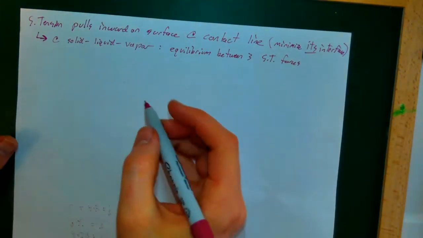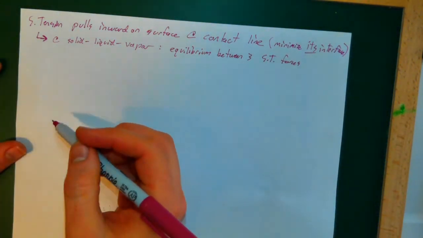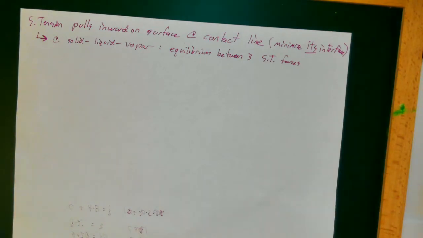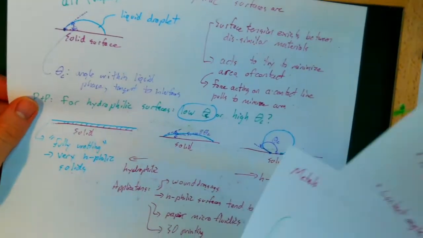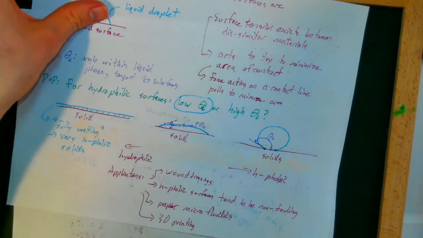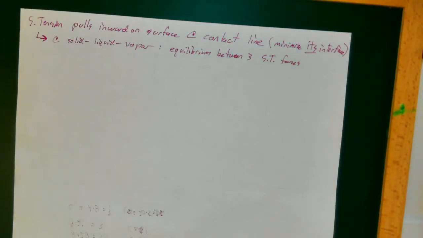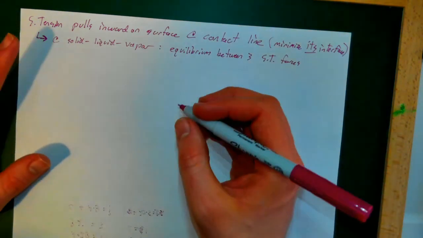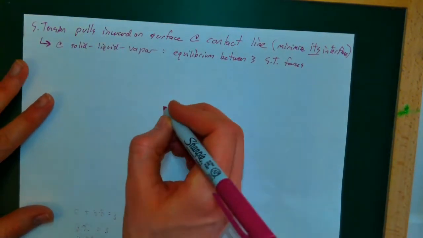So what do I mean by an equilibrium? Well, just imagine I had a droplet whose default contact angle would, let's say, be 45 degrees.